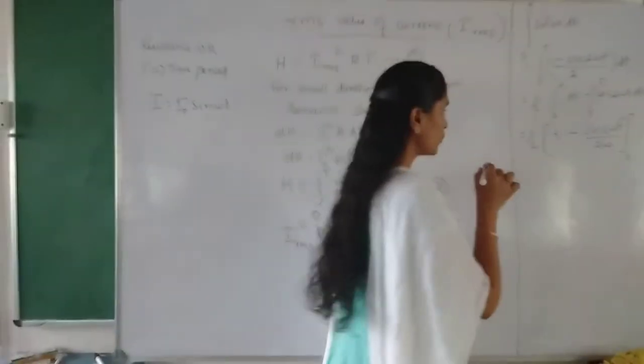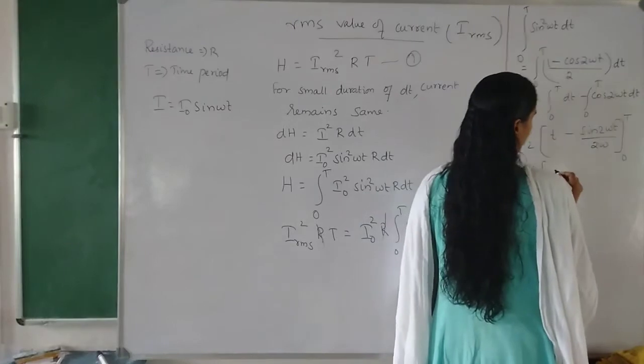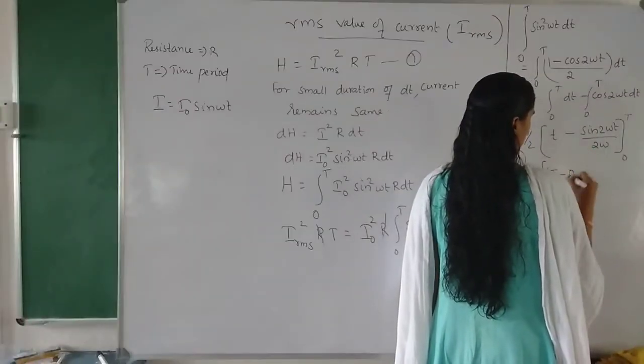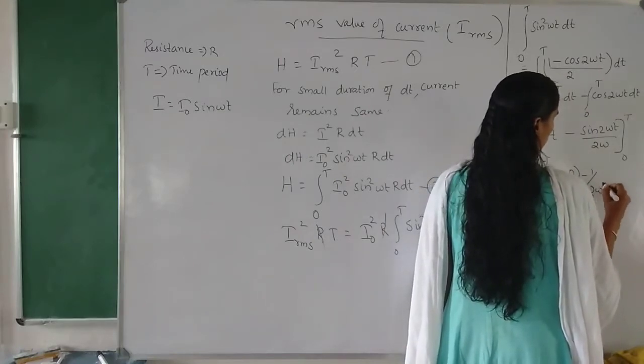Now 1 by 2 into, you can apply limits. The upper limit is T, the lower limit is 0. So for this, T minus 0. And for this, 1 by 2 omega can be taken common.